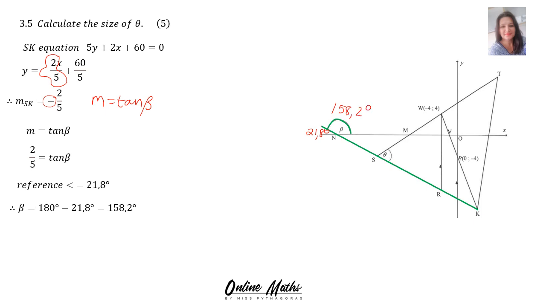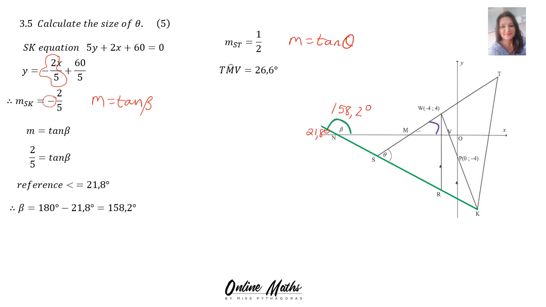We're halfway there. Now, we go to ST, and ST's gradient is a half. And then again, we're going to use m is tan theta. So we're going to say second function tan half equals, and we get that angle TMV. Angle TMV is that angle over there, this one.